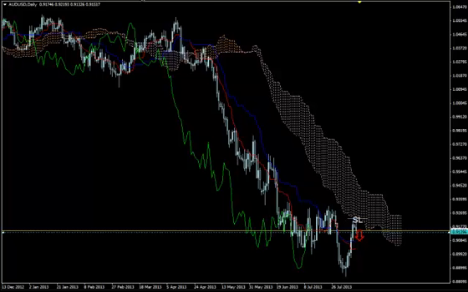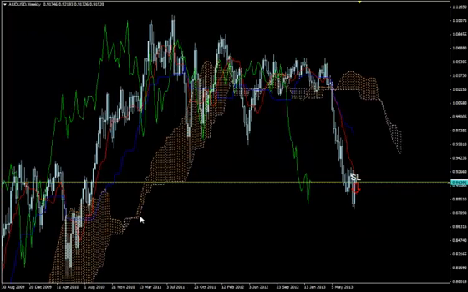On the weekly chart, we see that after this big bullish candlestick, things are starting getting bearish again, and we see that the vertical distance and the horizontal distance from the leading Kumo is huge.